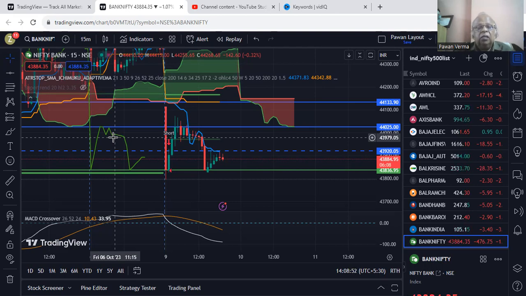So friends, the gap between the Tenkan line and the Kijun line is quite high. It reflects that the selling pressure has gone down, and in that case, the second time testing will not give a fruitful result, and that will be the panic selling or the trap for the new shorters who are coming into the game, and they will be trapped at this stage.